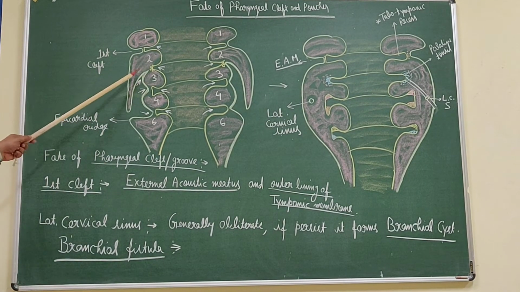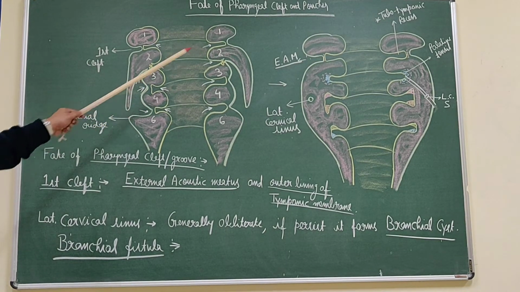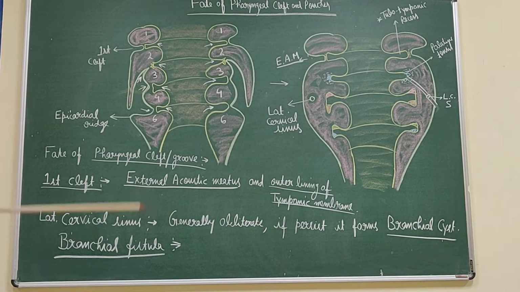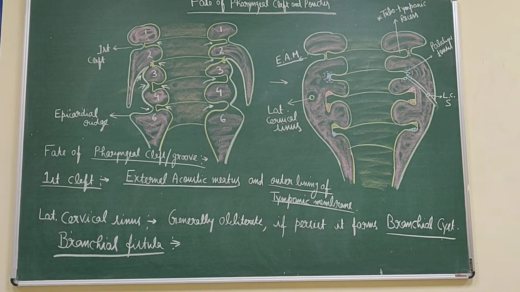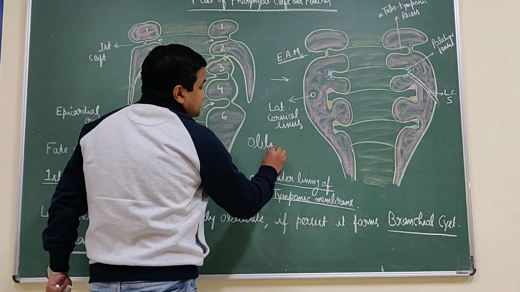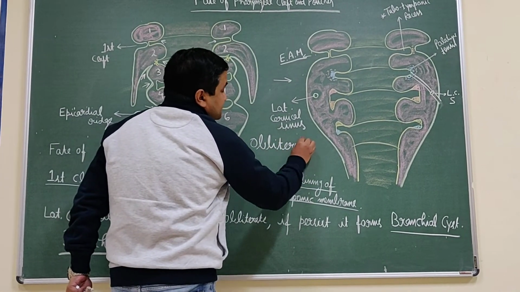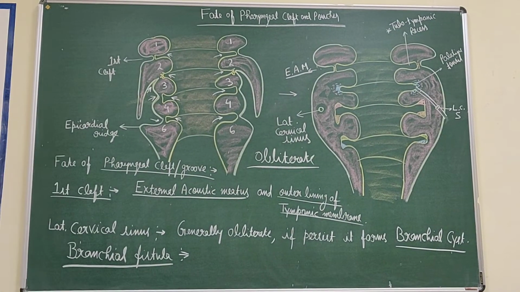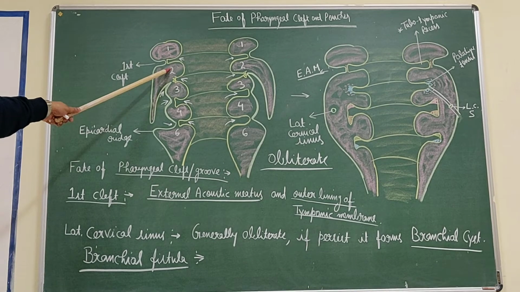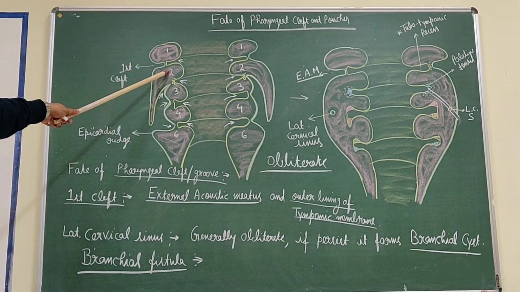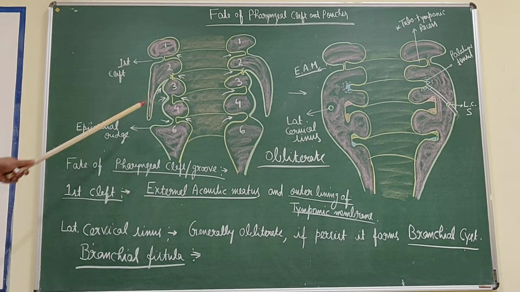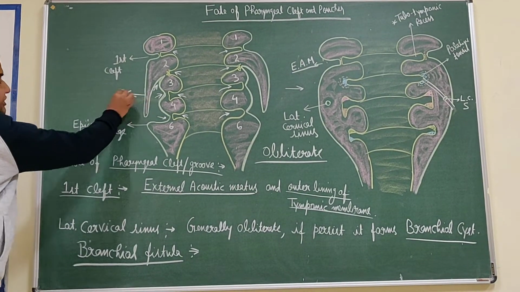Now what happens to the rest of the clefts, that is the second, third and the fourth? These second, third and the fourth clefts obliterate, and they do not form any structures. The second pharyngeal arch elongates, grows rapidly and forms a lid, the operculum.